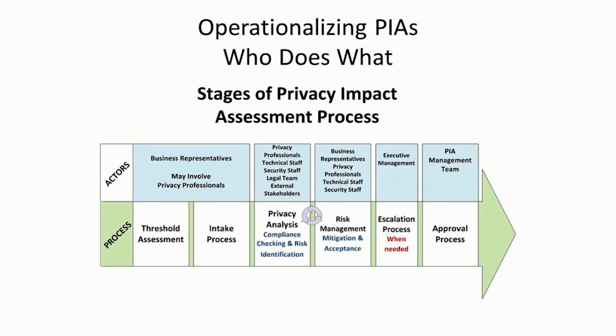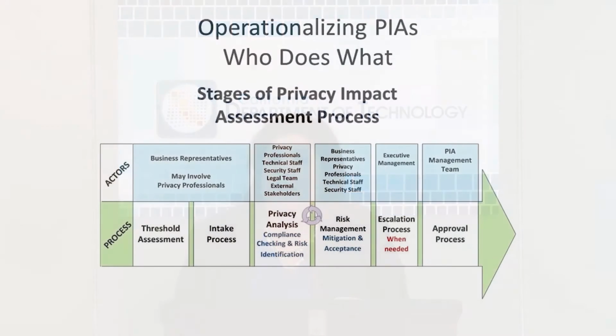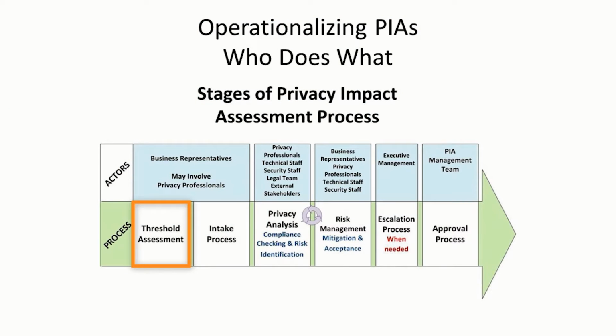Who does what within a privacy impact assessment? The first piece I want to talk about is what's called a threshold assessment. What this does is determine whether the initiative needs to be analyzed any further. In that case, a lot of time is at a question and answer phase, asked of the businesses: are you collecting any of those specialized data elements that we may have already identified that make up PII or confidential information that we need to be concerned with from a privacy perspective?